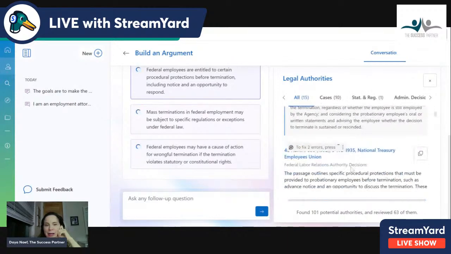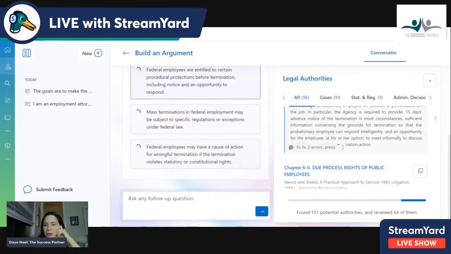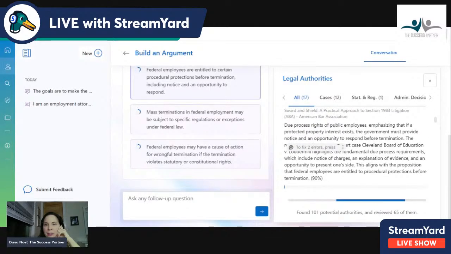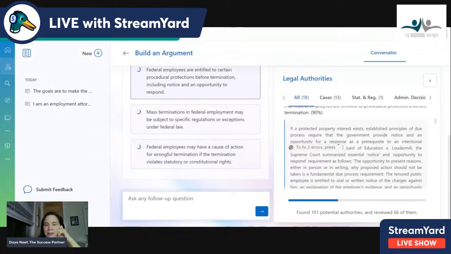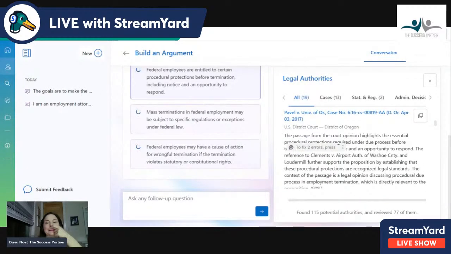All right, so we are back doing the research. It's got 101 authorities. It's reviewing 64 authorities. Using gobs of data mining. There it goes.